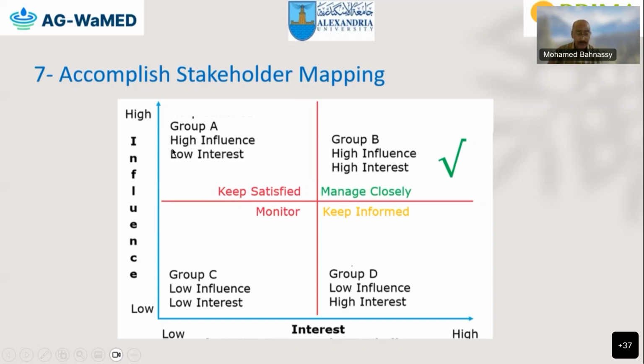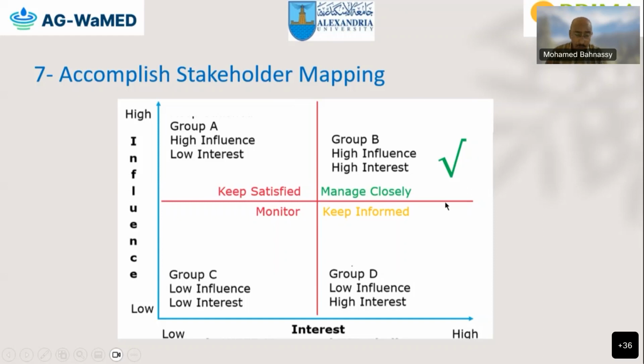Group A has high influence, low interest. This is influence from low to high, interest from low to high. This group, we call it keep satisfied. The second group, which has high influence and high interest, we call manage closely.